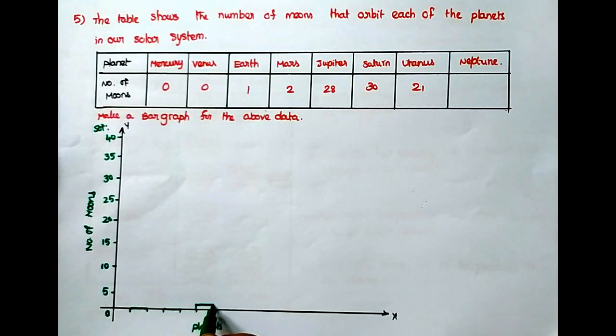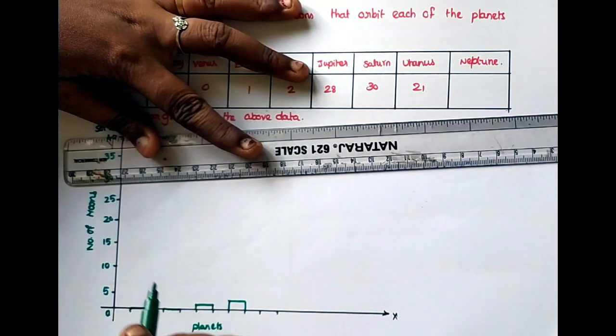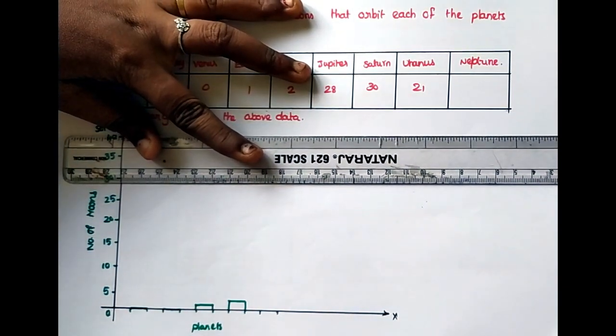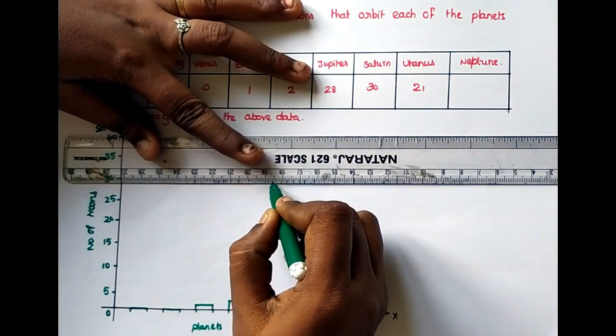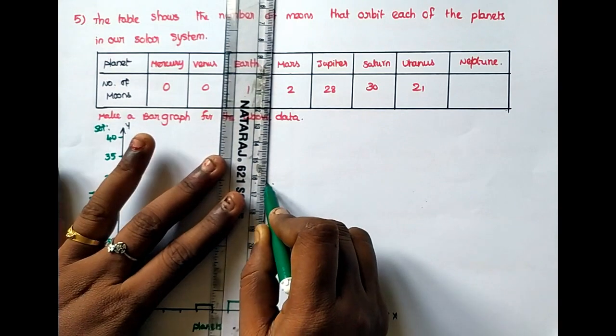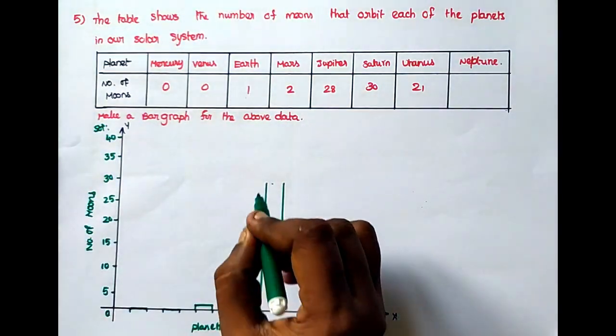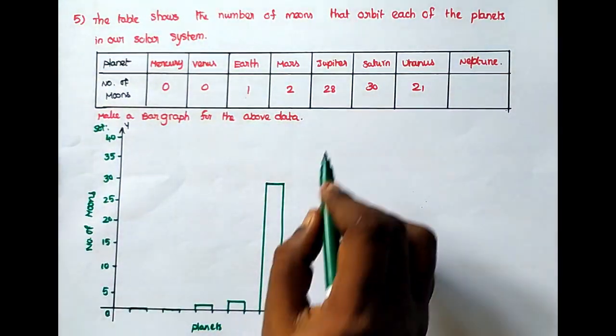One moon is there, and then Mars, 2 moons are there, and then Jupiter, 28. Here the 28. And then 30.